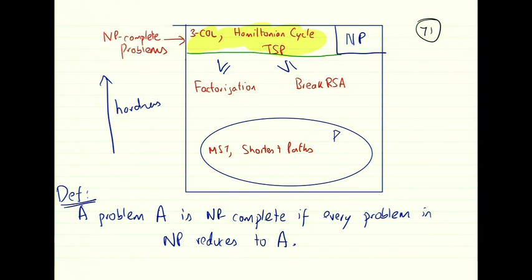These are problems that are harder than every problem within NP, meaning every other problem inside the class NP reduces to any of these. So any problem for which you can verify the solution can be reduced in polynomial time to one of the NP complete problems, like three coloring or Hamiltonian cycle.